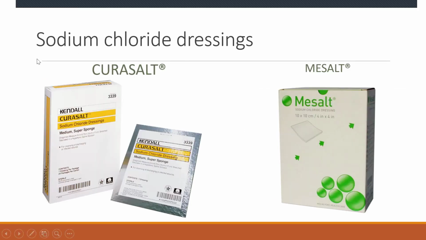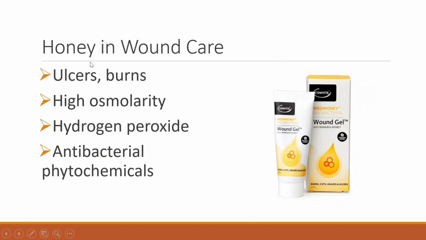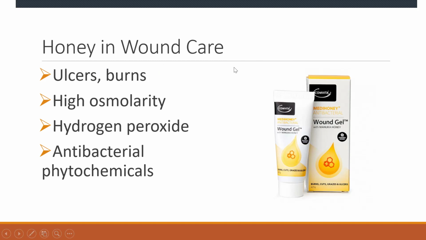And also there's sodium chloride dressing. Sodium chloride can reduce bacterial growth, so sometimes when you put it on some wounds, it can help to reduce bacterial growth. And also honey in wound care. You know honey, when you treat ulcers and burns, honey first offers a very good way to contain moisture in the area.